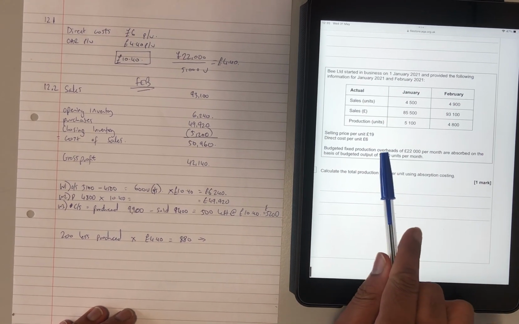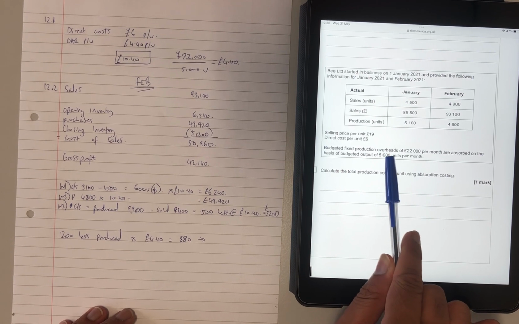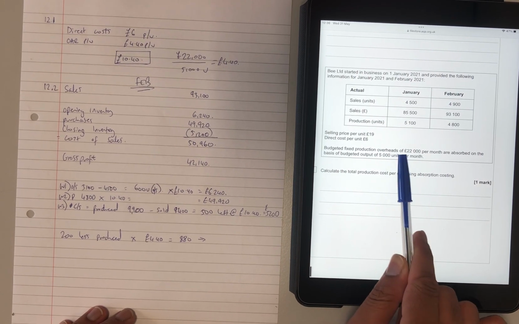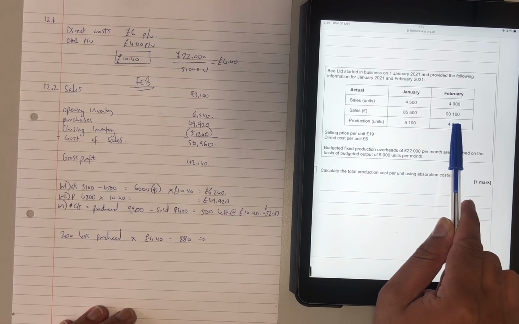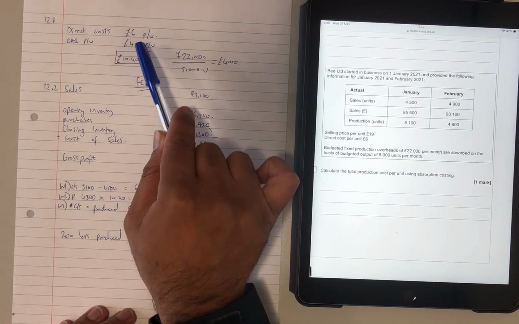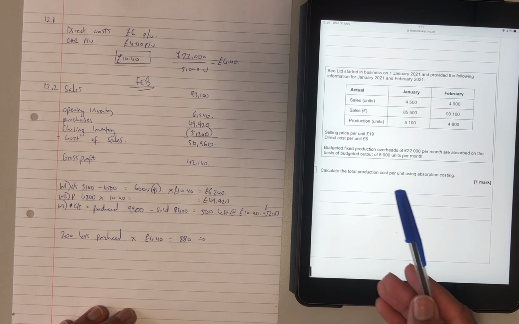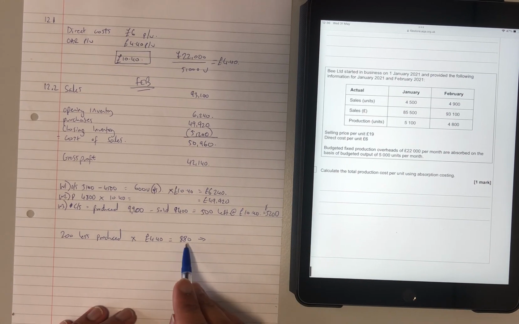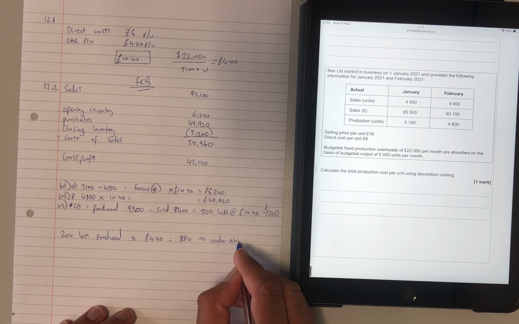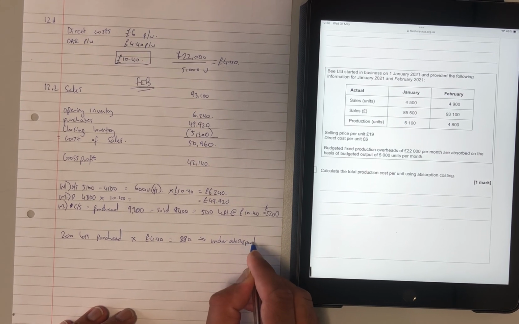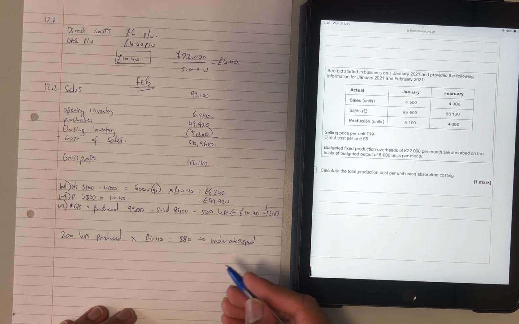Because if we made the 5,000 units, we would have accounted for 5,000 units worth of OAR. We've only accounted 4,800 units worth of OAR, fixed costs, which means we haven't charged the other 200, so we have to charge that, which means it's £880 that we need to. This is we have under absorbed. And if you have under absorbed, meaning you have charged an insufficient amount, then you must treat it as an expense.